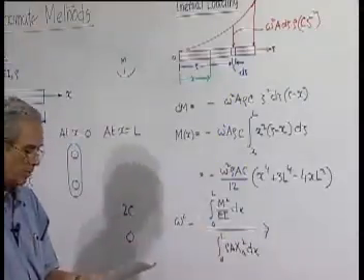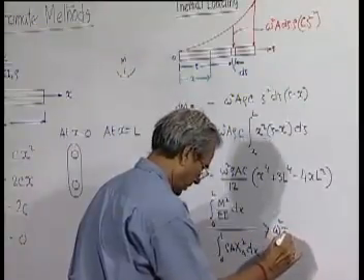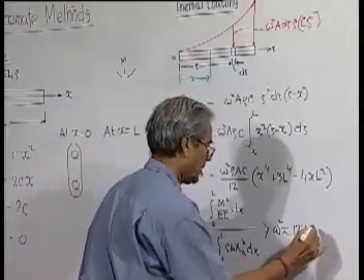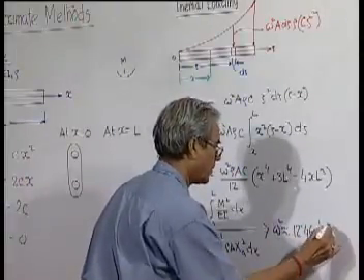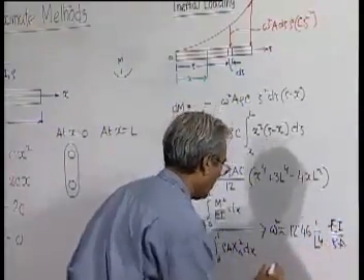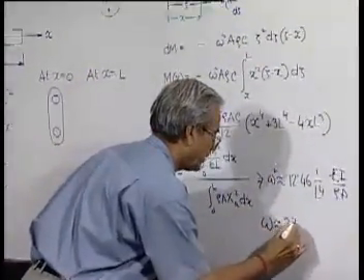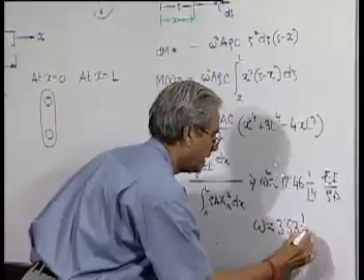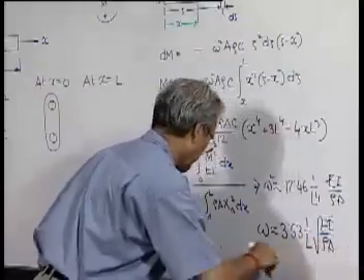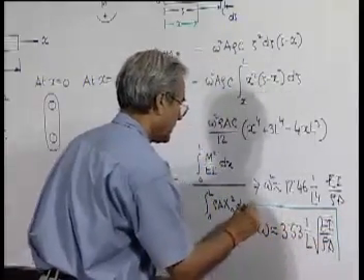So when you solve the whole thing, we will get omega square is equal to 12.46 by L to the power 4 into EI by rho A, or omega is approximately 3.531 by L square root of EI by rho A. So this is the result we get using Grammel's modification.